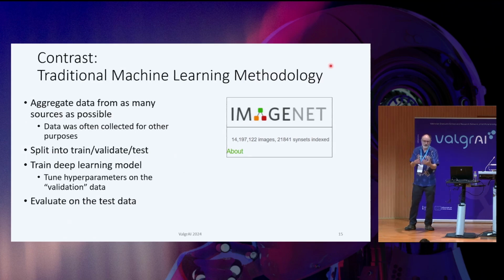That's gold, and we should mine it, and we can do new things with it that were not originally intended. And so we then take that data and maybe split it into a training set, a validation set and a test set, and we follow the usual machine learning methodology of training on the training set and using the validation set, which is kind of misnamed, right, to adjust our hyperparameters, and then we evaluate on the test data.